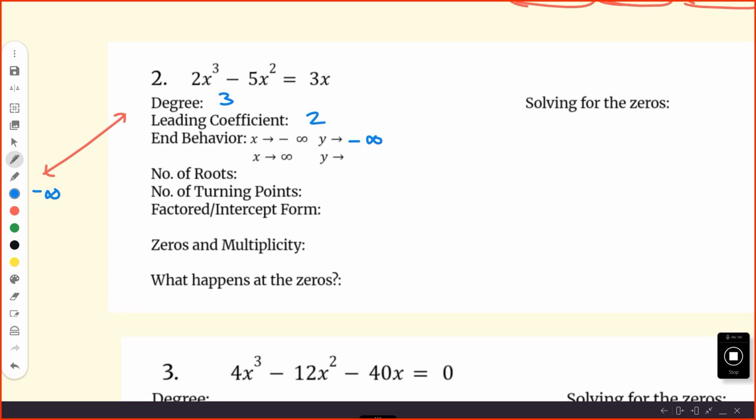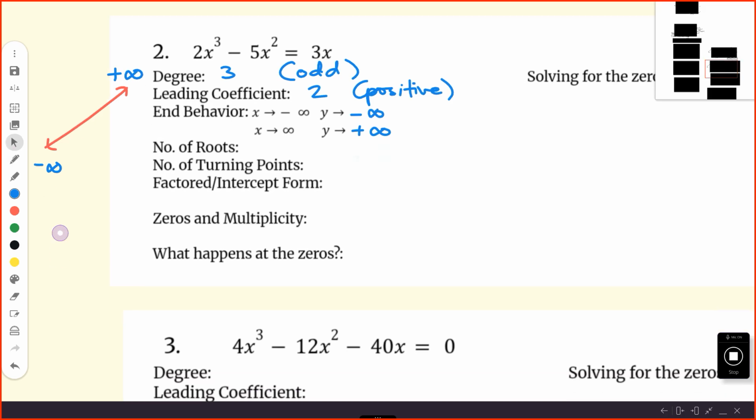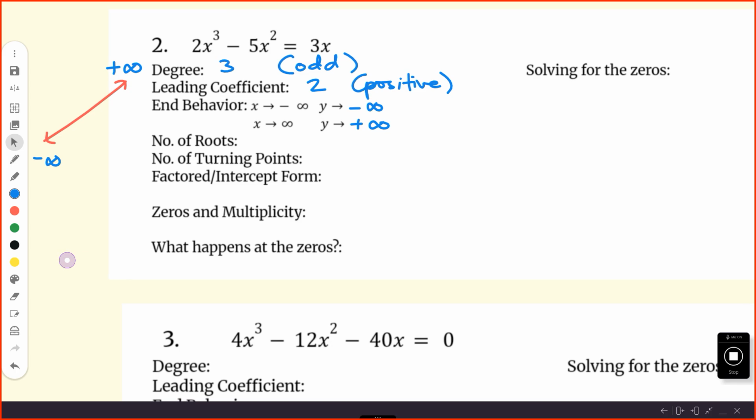So here, degree is 3, it's odd. We can only have positive if the degree is even, right? Even positive. This one is positive, yes. So it's the same as what we had in the first polynomial, right? So odd positive, so this is negative infinity, this is positive infinity. Okay? If the degree is 4, then we can do positive, okay?